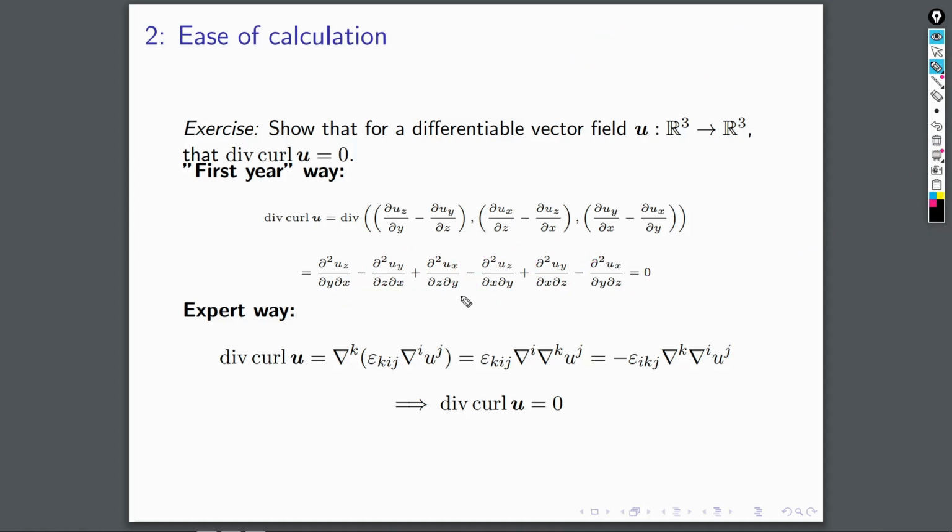But we just did this calculation in our standard x, y, z coordinates. Is it true in another coordinate system? We're not sure. So not only is the calculation longer, but it's also potentially unclear if it generalizes. Once you get into tensor calculus, you'll start doing this the expert way, which is, boom, look at that.